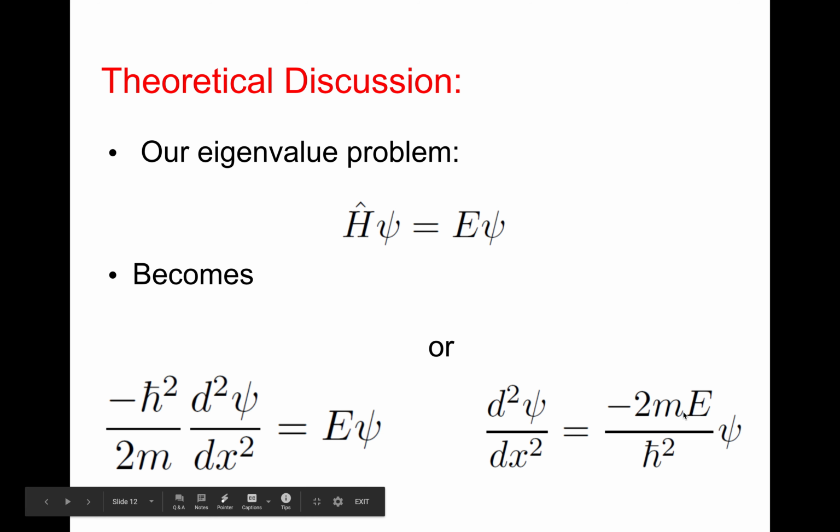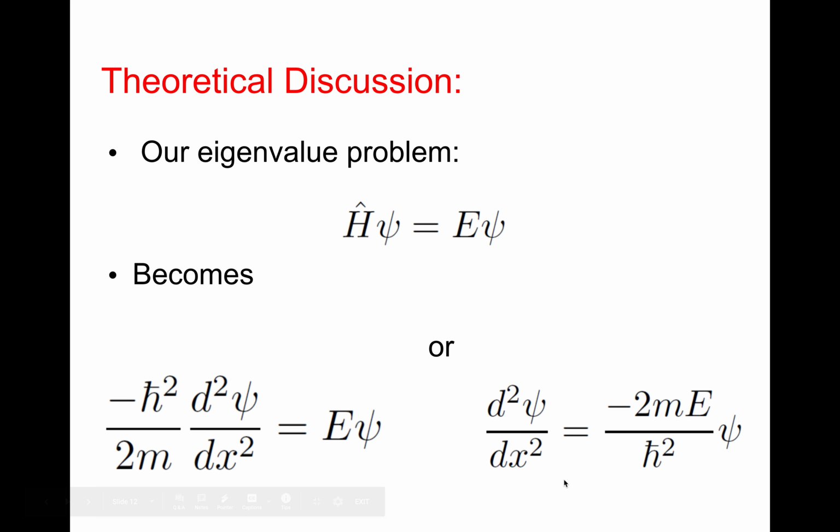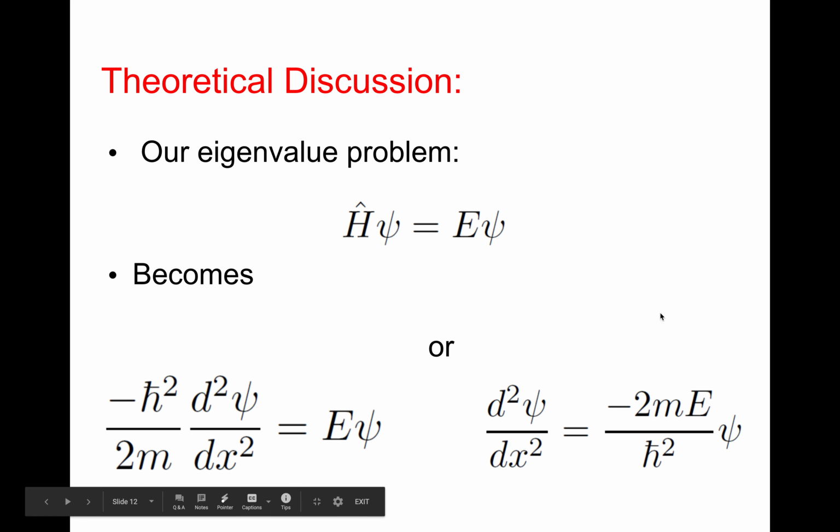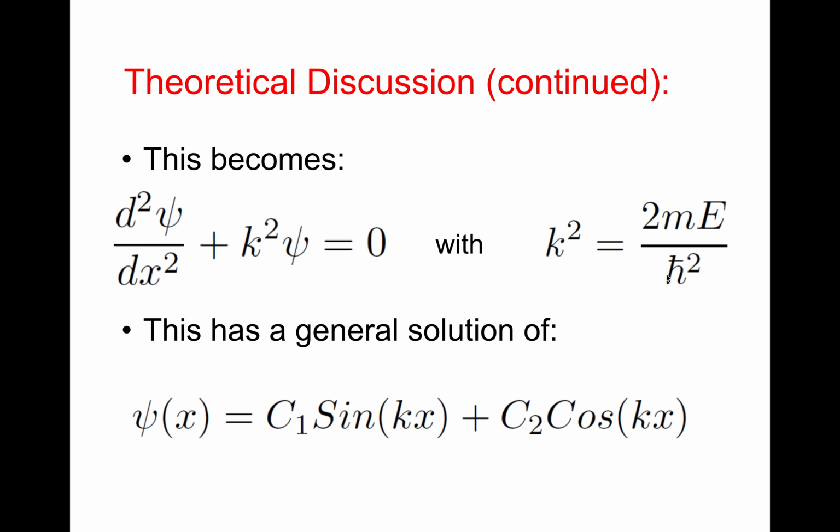That's just this again, except I divided by minus h bar squared over 2m. Keep this in mind. In the next slide, I'm going to take this term and move it to the left side, adding it to both sides. I then replace 2mE over h bar squared with k squared. Thus, my differential equation becomes the second derivative of some function plus a constant squared times the function again.